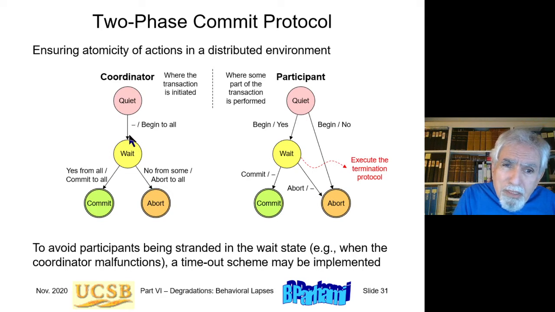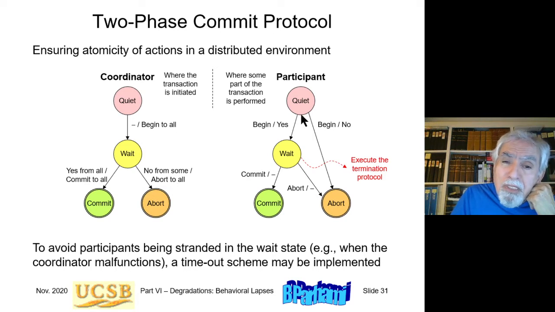Now, when the coordinator receives a no response from any participant, even one participant, it also goes into the abort state, because it needs all the participants, it can't do the job without even one of them taking part. And then it sends abort to all the participants, including the other ones. So one participant said no, this one aborted the transaction and informed all the other participants to abort as well.